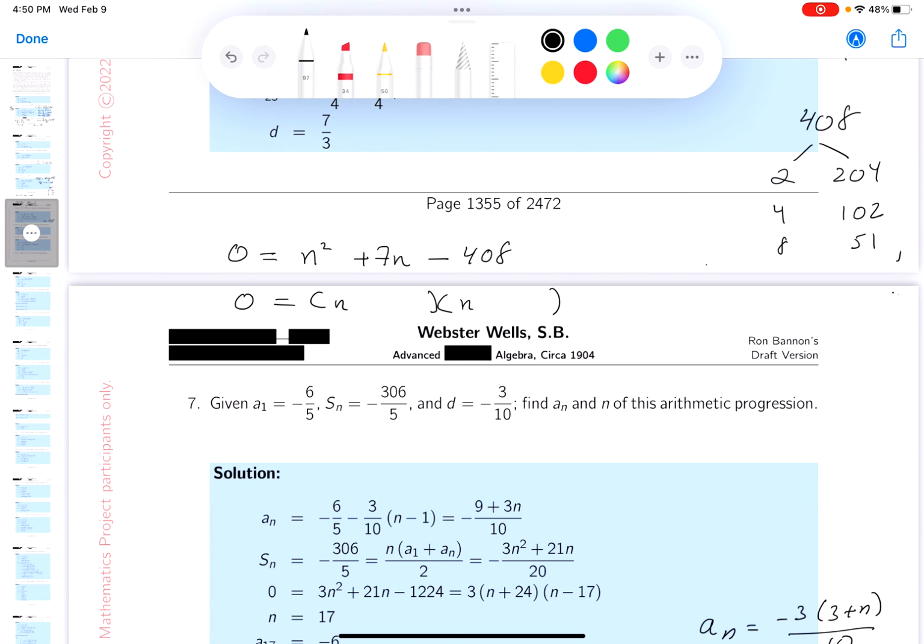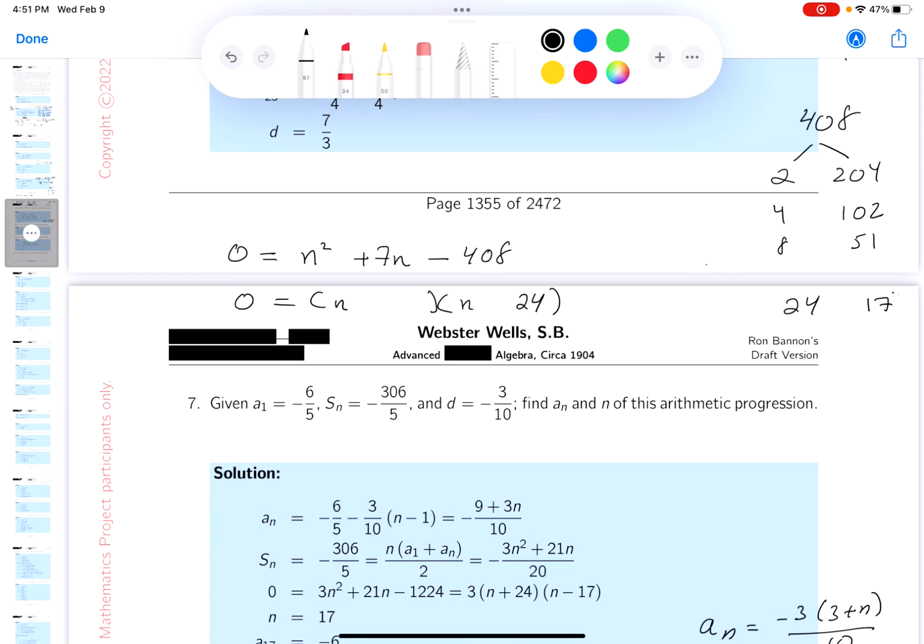You get the idea what I'm doing? I'm just barring 2s. And now I'm seeing that 51 is kind of a familiar number to me. I'm going to say 17 times 3, and I'll put 24 over there. Now I'm thinking to myself, 24 and 17 sure does look like it's going to differ by what I want, which is 7.